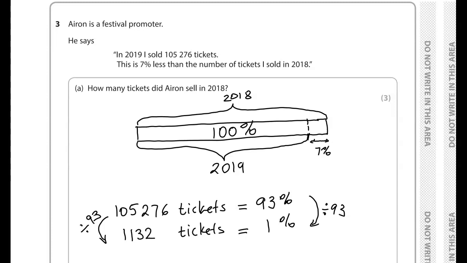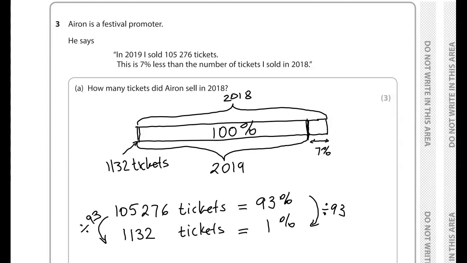So if you think of this bar here being split into 93 small parts, each and every one of them would make 1%, so that 1% is equal to 1,132 tickets.